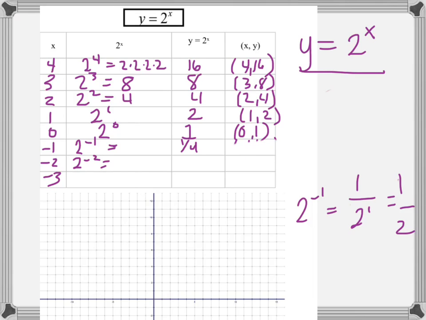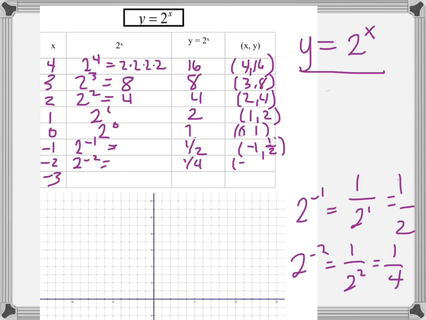So this should have been 1/2 here, and then it's negative 1, 1/2. 2 to the negative 2 power is 1 over 2 squared, so that's 1 fourth, and this will be negative 2, 1 fourth. And finally, 2 to the negative third power is 1 over 8, because it's 1 over 2 to the third power. So we have negative 3, 1 over 8.